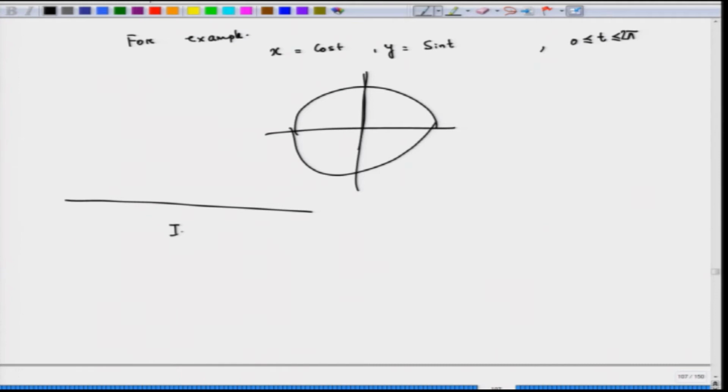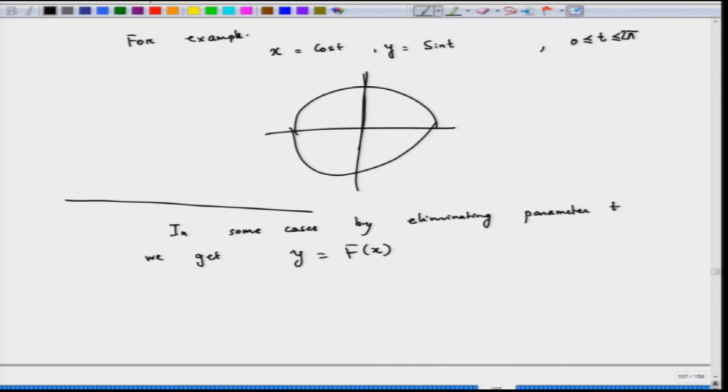In some cases, by eliminating the parameter t, we get y equal to some f of x.